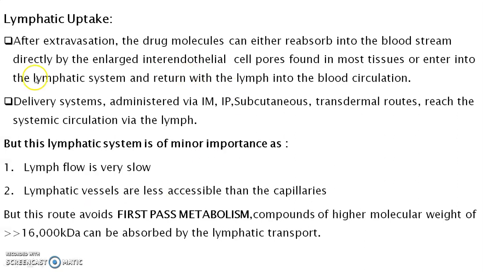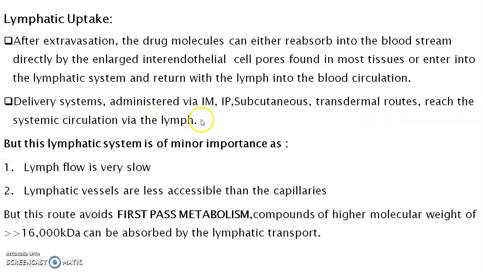In case of lymphatic uptake, after extravasation, the drug molecules can either reabsorb into the bloodstream directly by the enlarged endothelial cell pores found mostly in the tissues, or enter into the lymphatic system and return with the lymph into the blood circulation. So, the various delivery systems which are administered as intramuscular, intraperitoneal, subcutaneous, transdermal routes reach the systemic circulation via these lymphs.